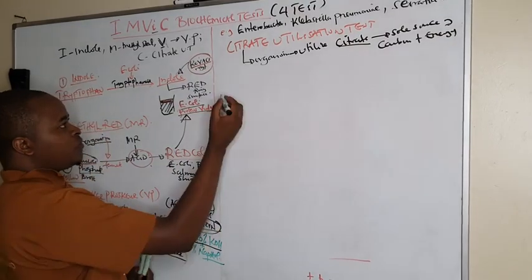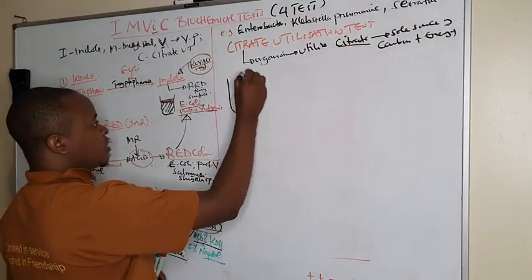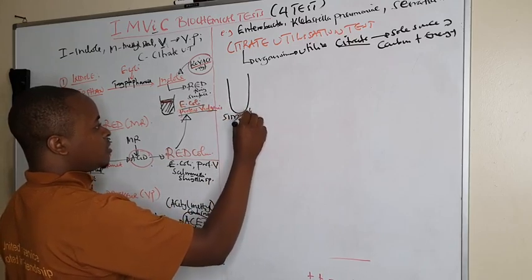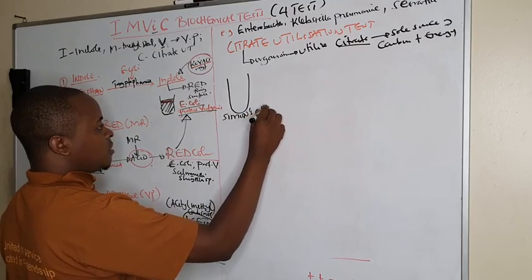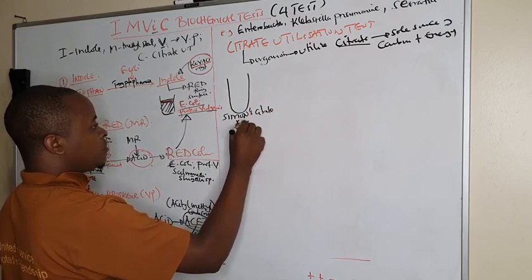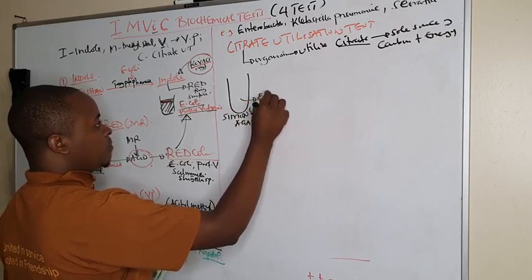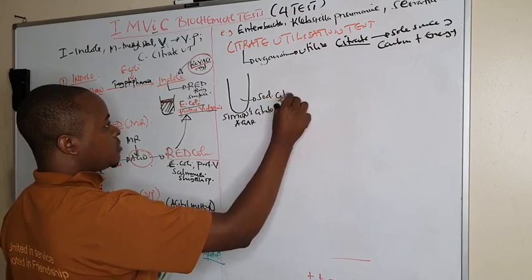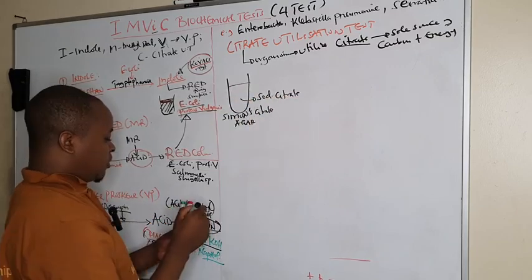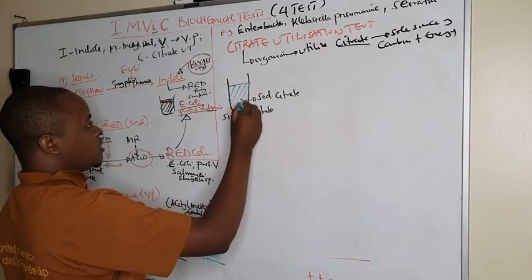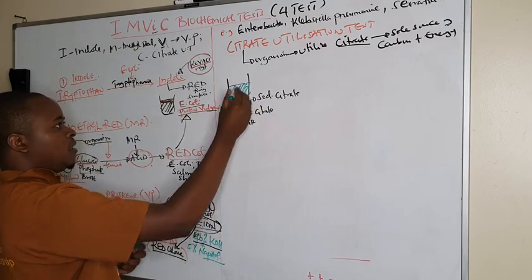So what we use is Simmons citrate agar. This Simmons citrate agar contains sodium citrate, and this one is always green in color. This broth is always green in color.